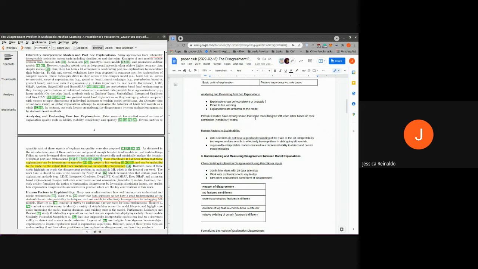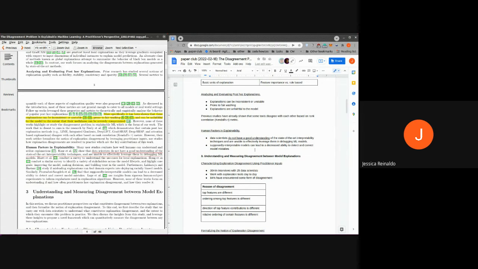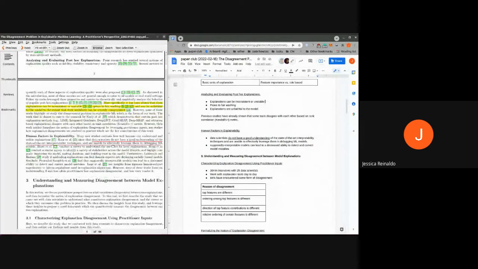They have one metric that is very similar to the Kendall tau correlation that they use to measure the disagreement. They also cite the human factors in explainability. There are some studies that they cite here that say that data scientists are usually not very good at understanding these interpretability tools and techniques. So they are not really able to leverage these results to help them create better machine learning models.